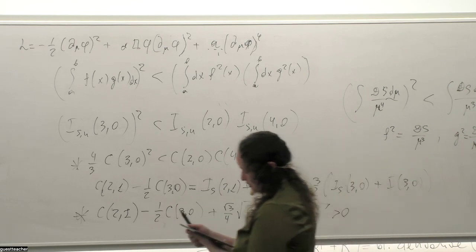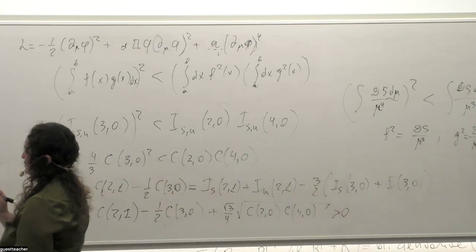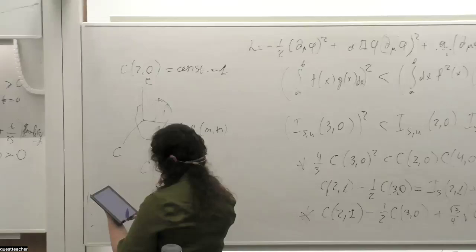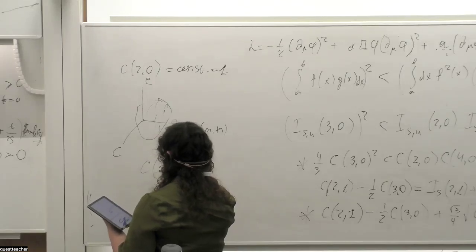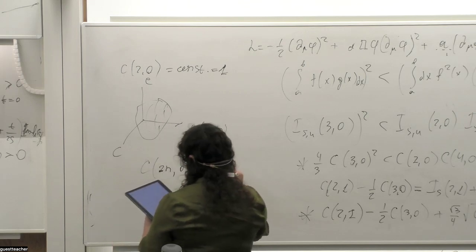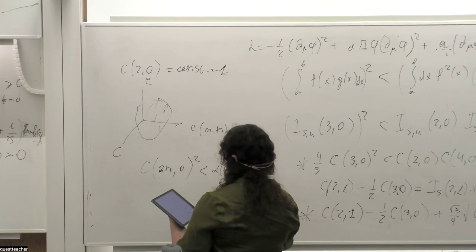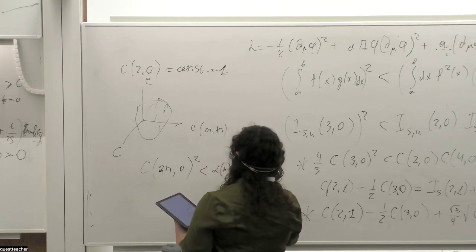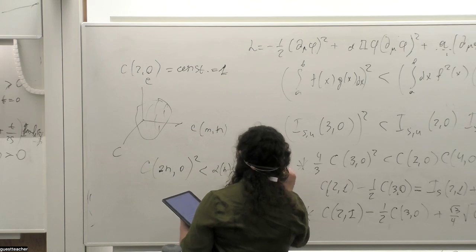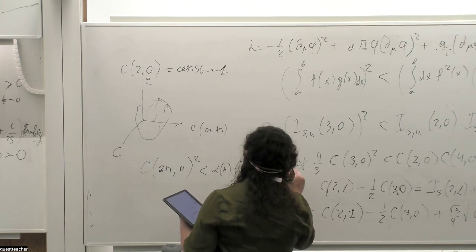And another observation is that in principle, for t equal to 0 bounds, we must have bounds of the form, in general, C2n,0 squared less than some n-dependent coefficient, C2n plus 2 times C2n minus 2.